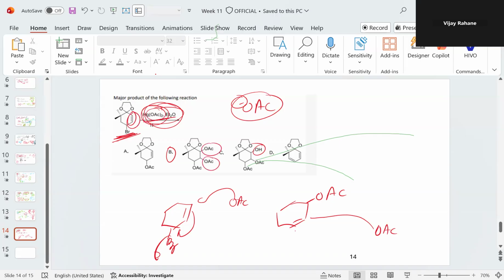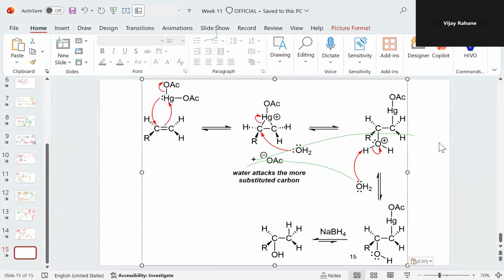So I'm not sure whether option C is correct or B. So I think option B is the one. Mainly this is the mechanism.